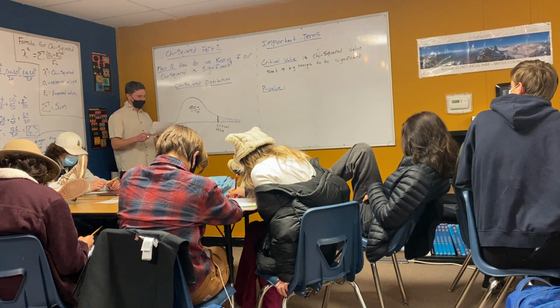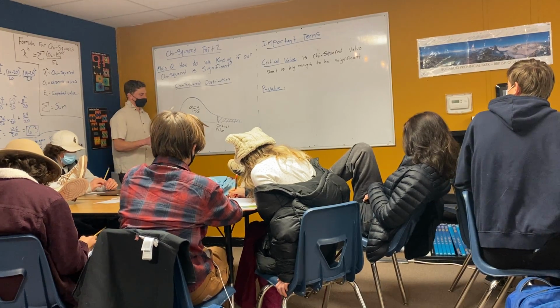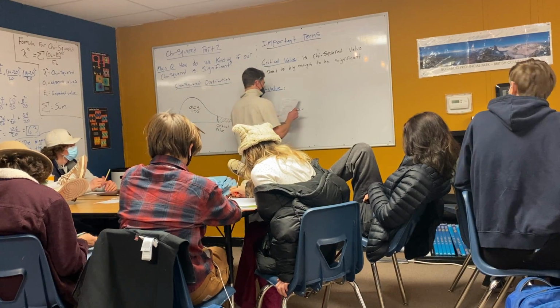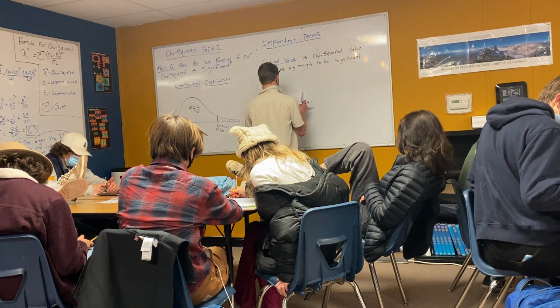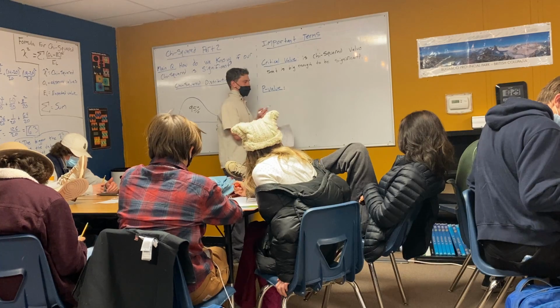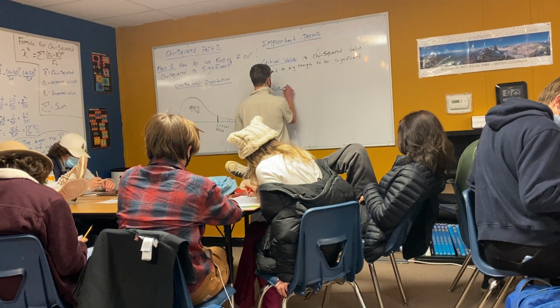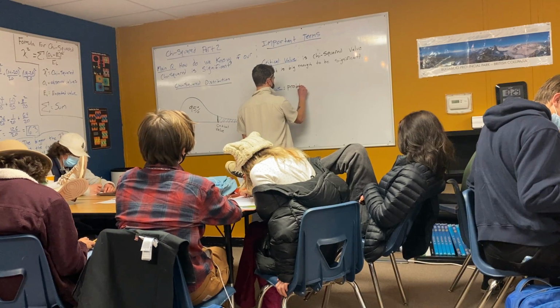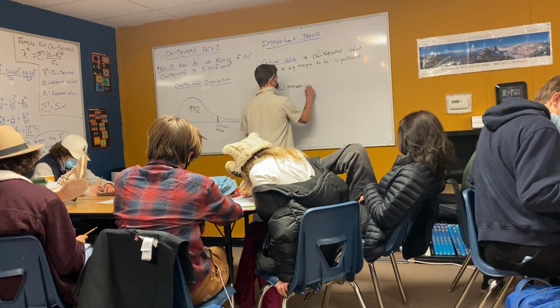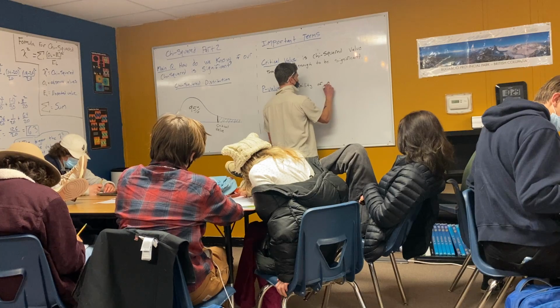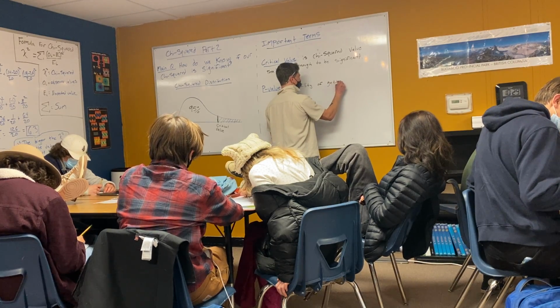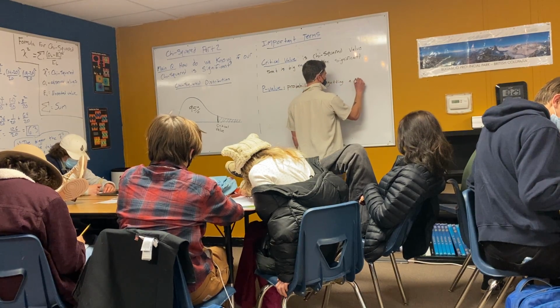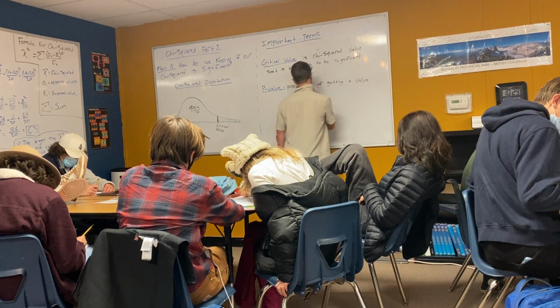What the p-value tells us is the probability of getting an observed value in a normal experiment. So for your p-value, write this definition: the probability of getting a value in a normal experiment.